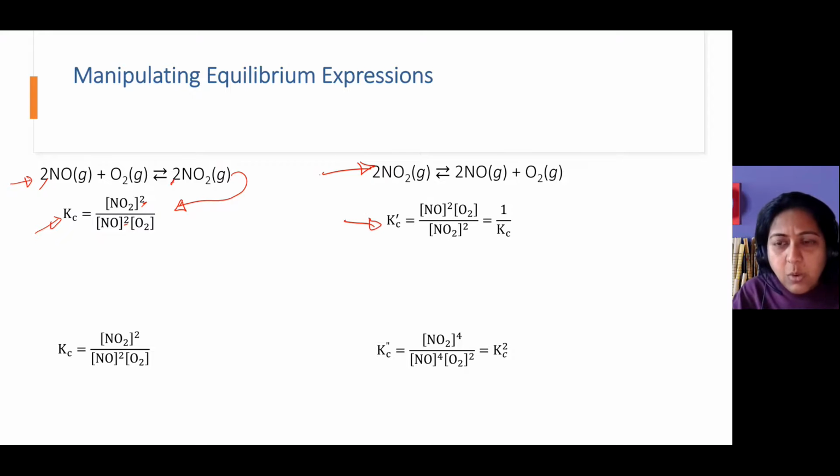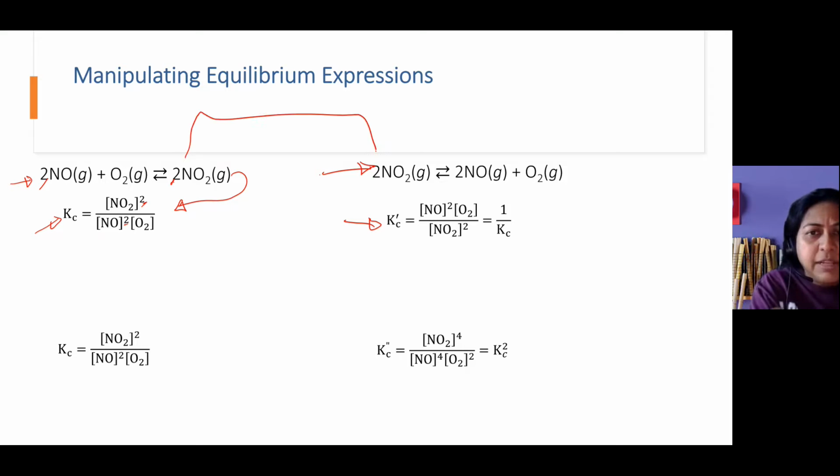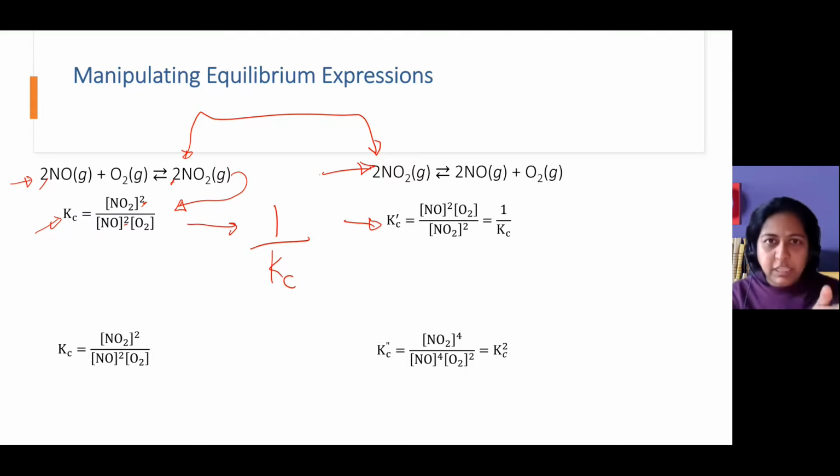Now, what is the difference between these two? Yes, the sides were only swapped. Then we can say the new equilibrium constant is the reciprocal of the original equilibrium constant. When the sides are switched, the equilibrium constant becomes 1 over it, or the reciprocal of it.